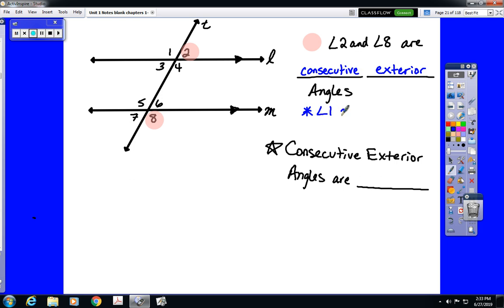There's another set in the picture. Angles 1 and 7 are also consecutive exterior. And just like consecutive interior angles, consecutive exterior angles are supplementary, meaning that their measures add to 180 degrees.